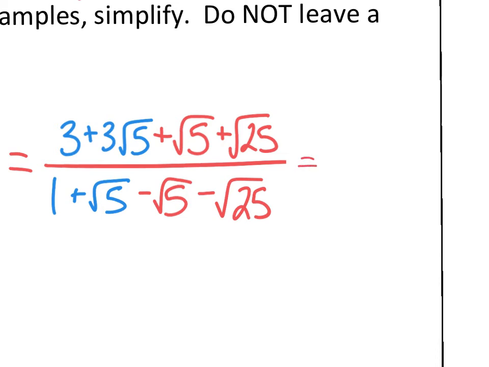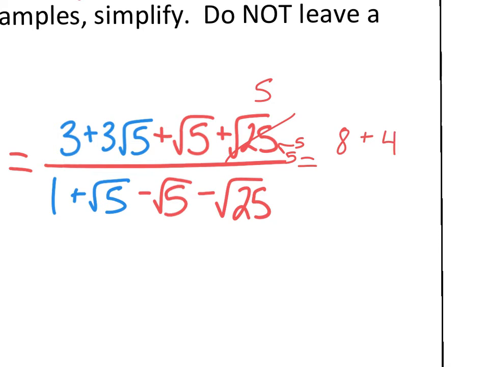So 3 plus 3 square roots of 5 plus 1 square root of 5 plus square root of 25. Do any of those roots simplify? Let's do that first. The 25 becomes 5 and 5, which is just one group of 5. So this just becomes a 5. Now let's do our like terms. So 3 plus 5, 8, and then 3 square roots of 5 plus 1 square root of 5.